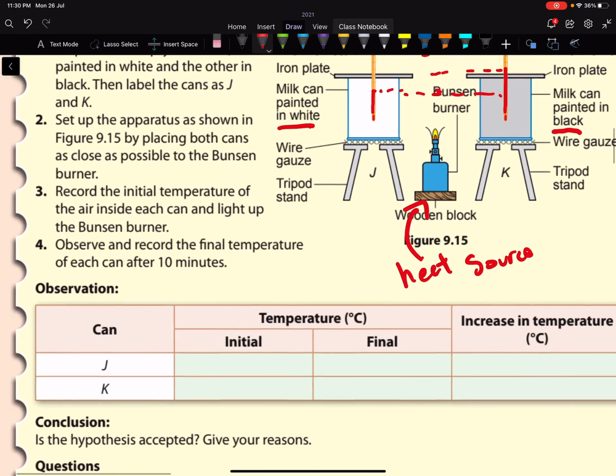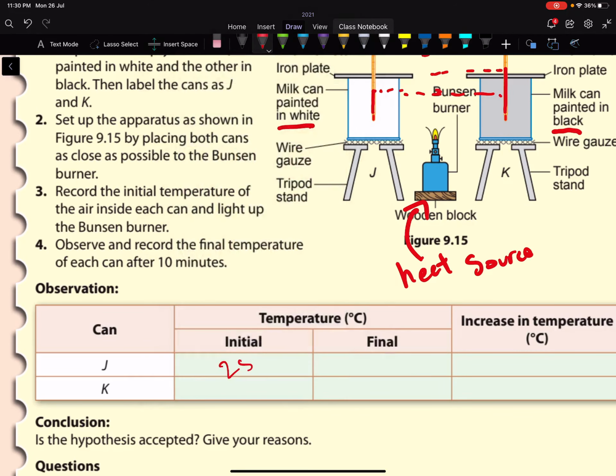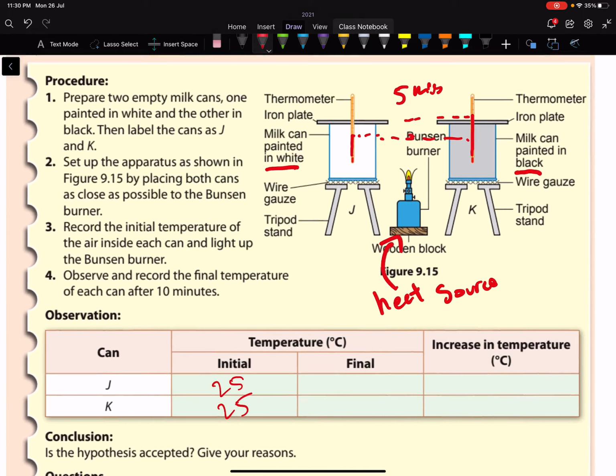So we can say that, let's say for example, the initial temperature is 25. So which one will get hotter? Eventually, you'll notice that the one with white would get maybe 32 degrees Celsius, and then the black one maybe 40 degrees Celsius. Right? So we can actually say that the dark object will absorb more heat, and hence it will become hotter.